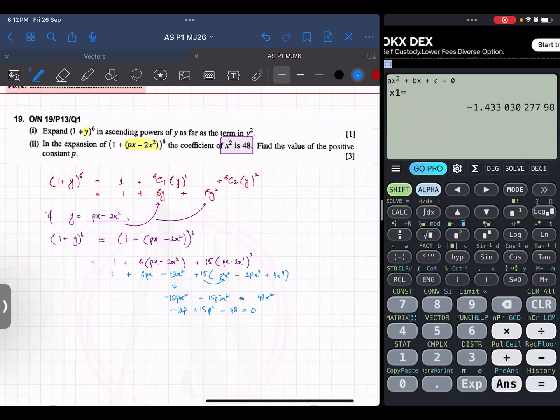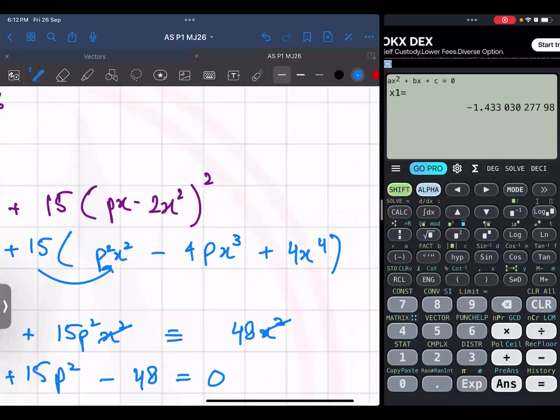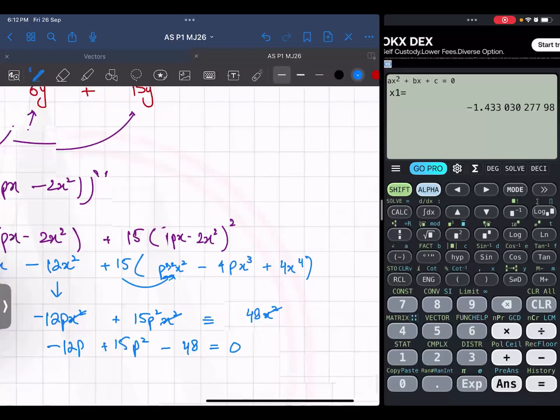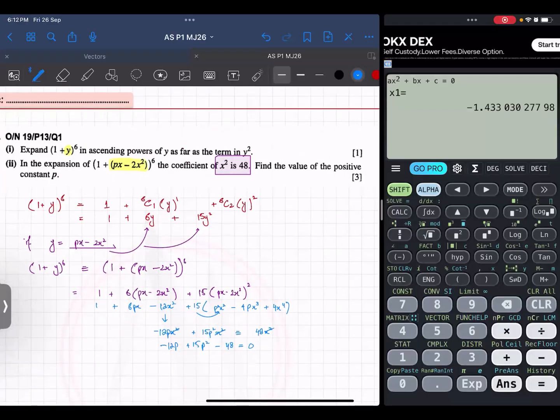px minus 2x square. This would be 4px cube. 6p minus 12x square. Okay, I think we should check the answer then. Has anyone found my mistake?